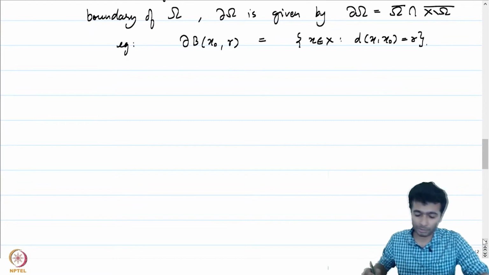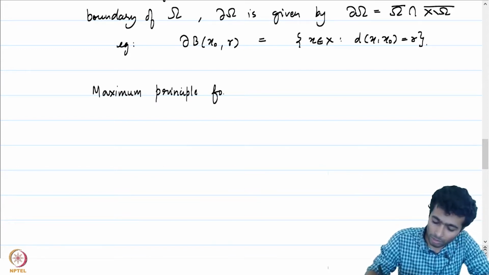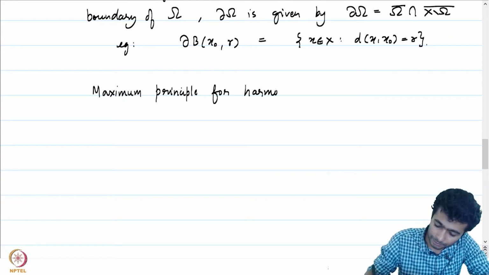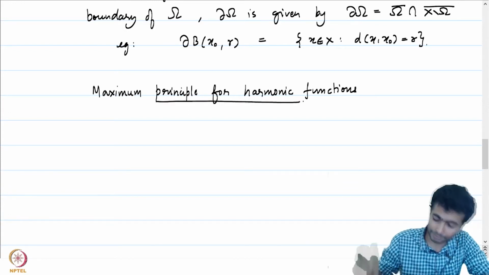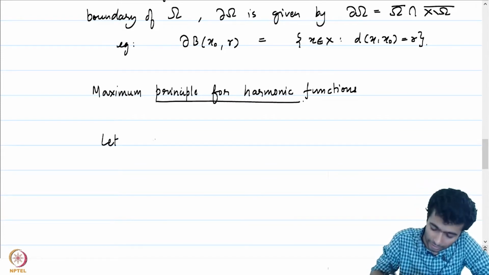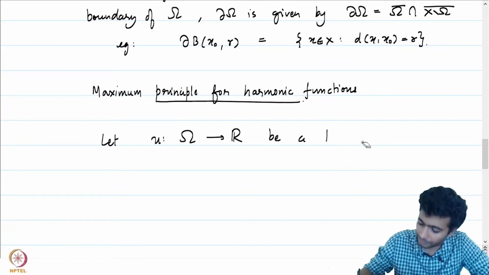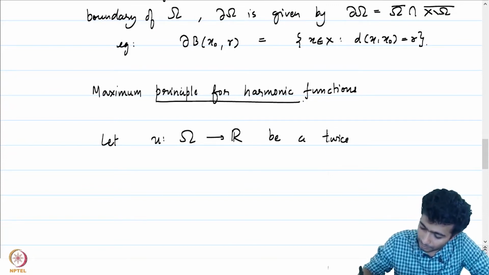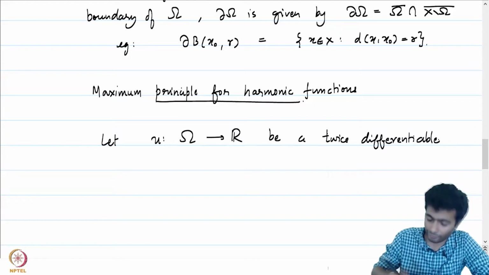Let me now state the maximum principle which I was talking about. This is the maximum principle for harmonic functions. Recall that harmonic functions are those functions whose Laplacian vanishes. What is the statement of the maximum principle? Let u from omega into R be a twice differentiable harmonic function.